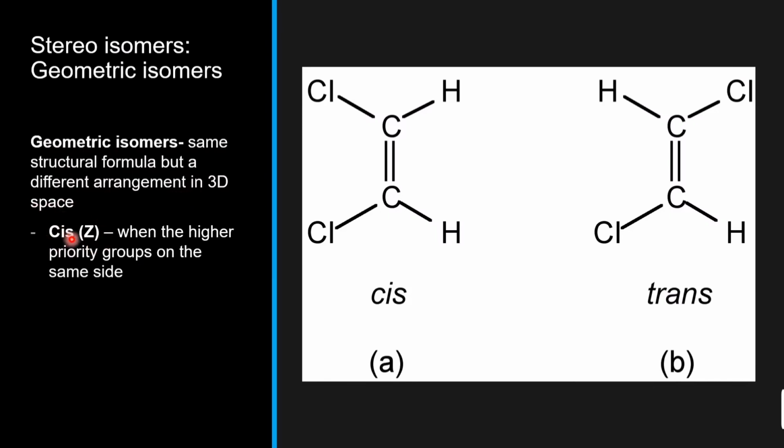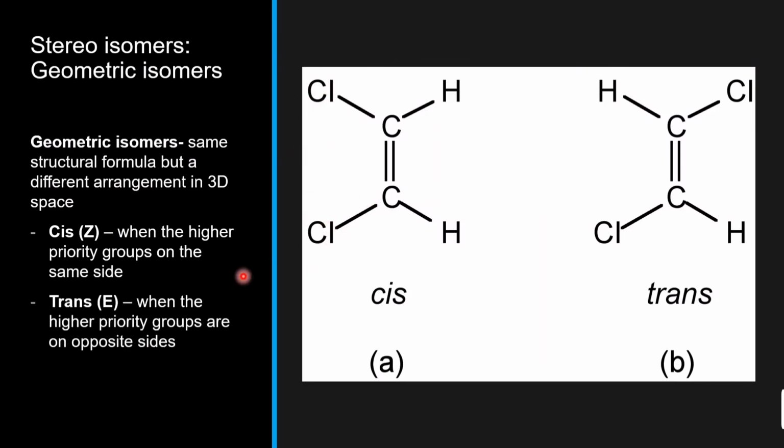This can be cis or Z, where the higher priority groups are on the same side. So in this example, both of the chlorines are on this side of the molecule. And then we have trans or E, when the higher priority groups are on opposite sides of the molecule. So in this example, the chlorines are on opposite sides.